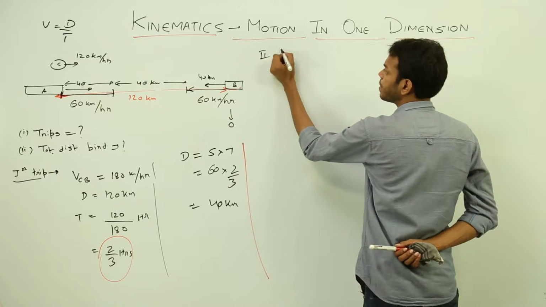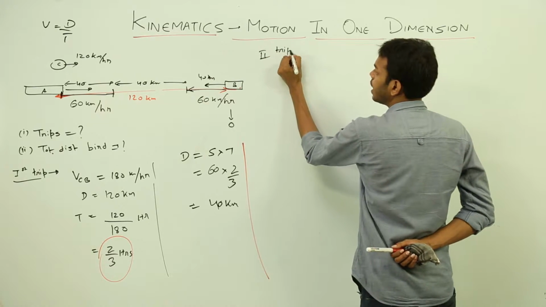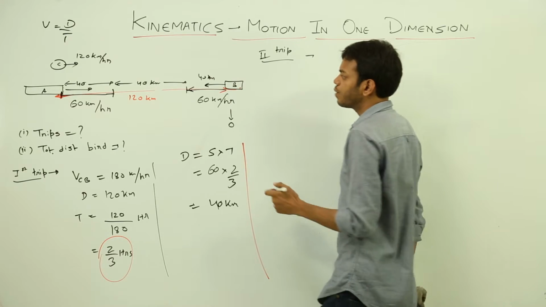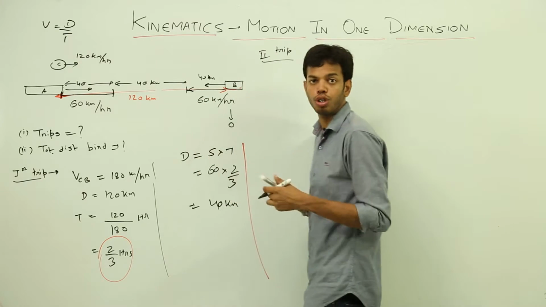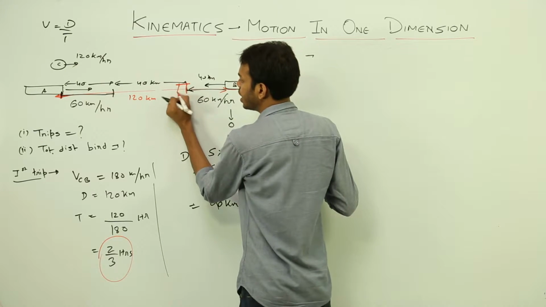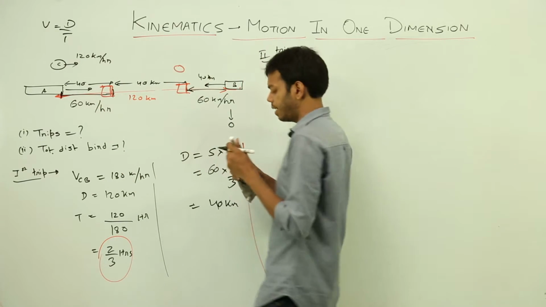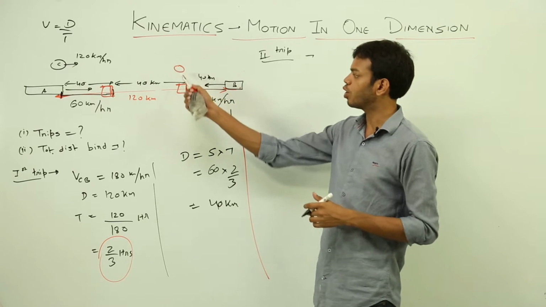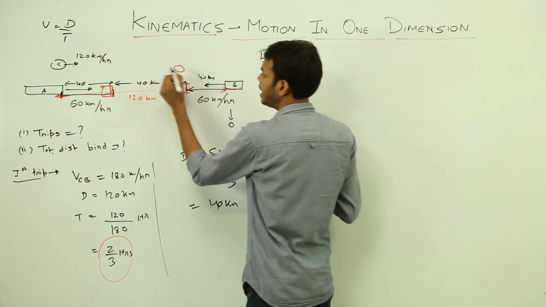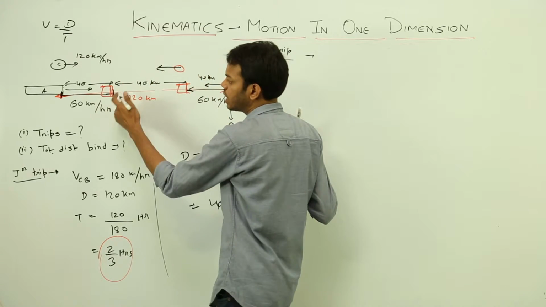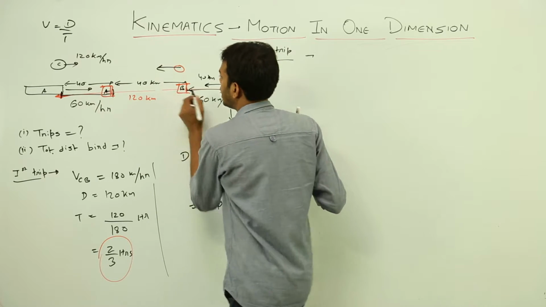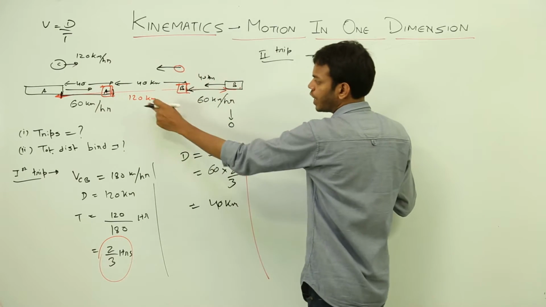Right? So we are done with the first trip. Let's calculate the second trip. In the second trip, where is the bird and where are the new positions of the trains? Train B has reached here, train A has reached here, and bird C is on top of train B. Now the bird C flies back towards train A. This time the bird will be covering 40 kilometers.